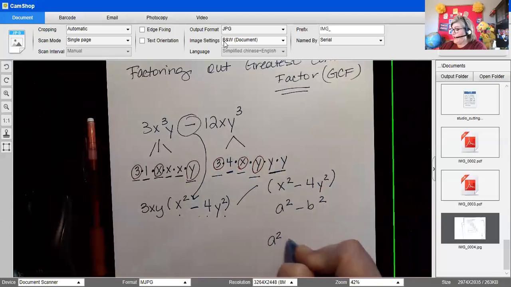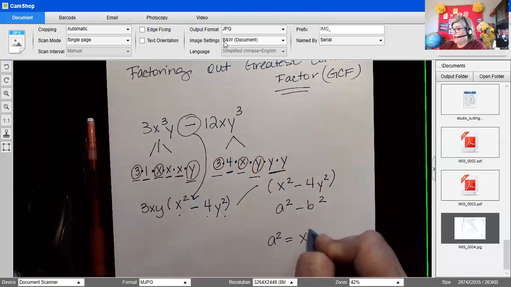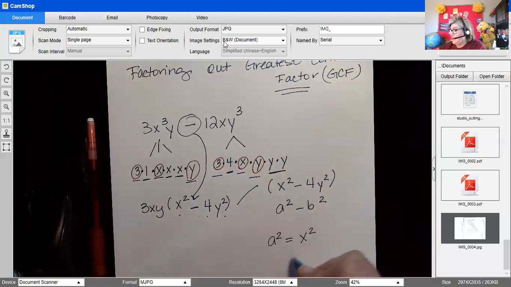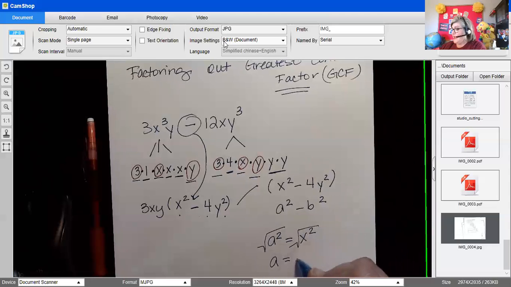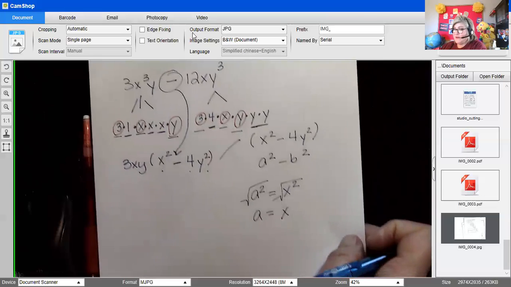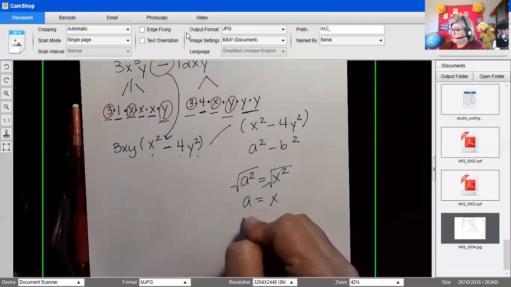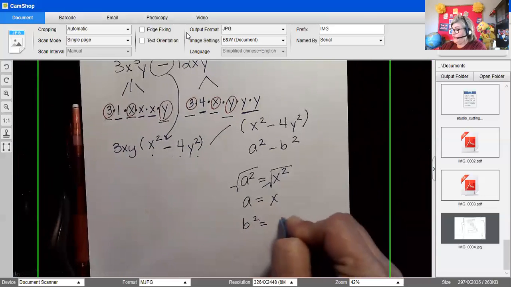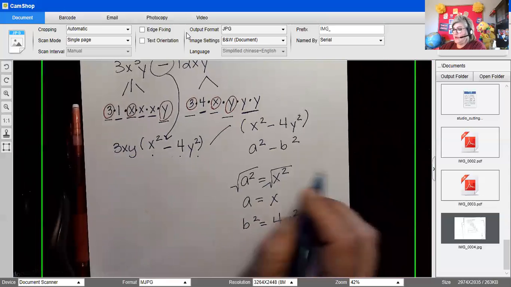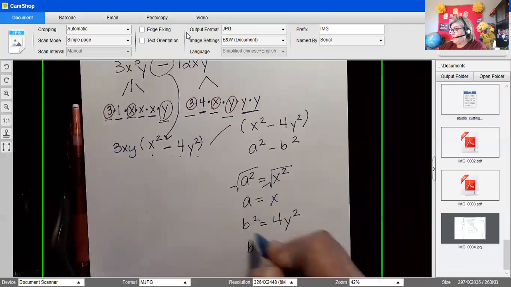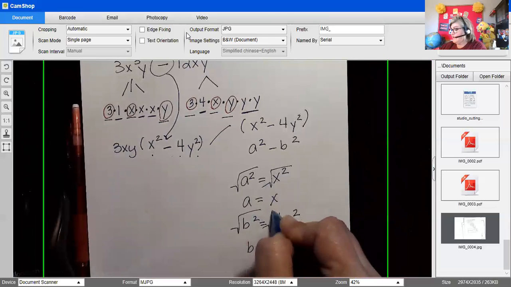So if a squared is equal to x squared, then a is simply the square root of both sides, and the square root of x squared is x. B squared is equal to 4y squared. To solve for b, take the square root of both sides.